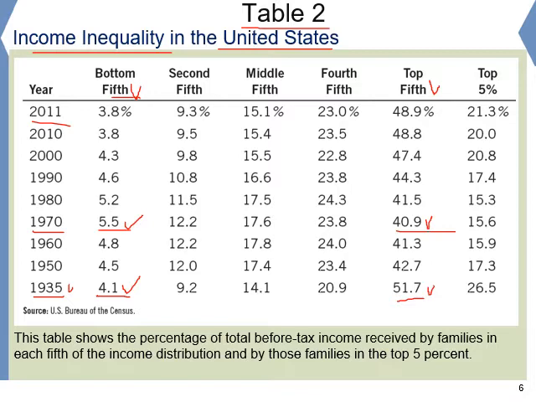Another example, in 2011, the top group earned 48.9% of the total income, which is about 12.9 times more than the poor group, which earned only 3.8% of the total income in the US.